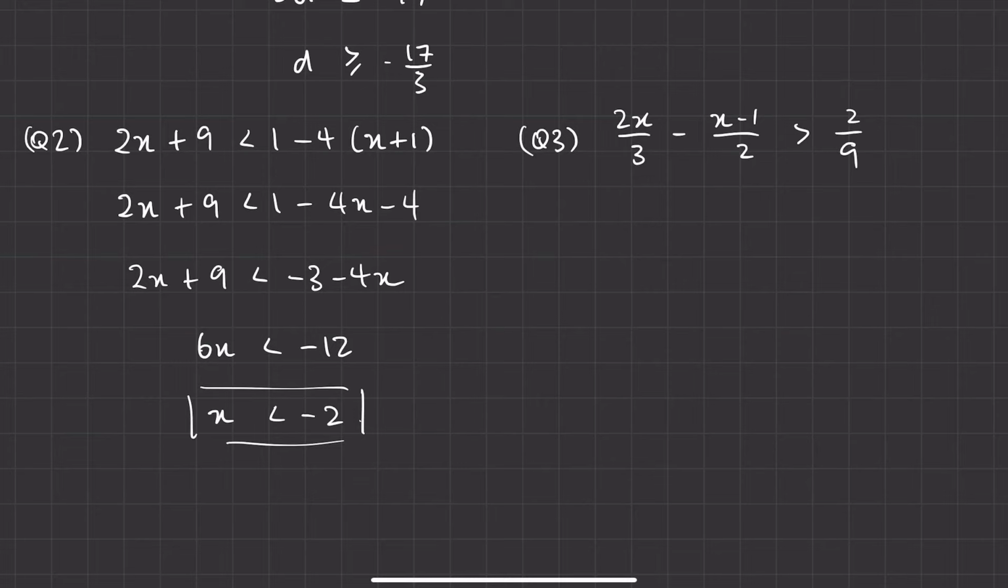Maybe we can just multiply a number at a time. First of all, I'm going to multiply everything by, let's say, 9. There's no one way to do this, but I'm just going to pick 9 and say 9 times this, and then 9 times that. I picked the number 9 because it takes care of this divide by 3 as well as this divide by 9. So let's try this.